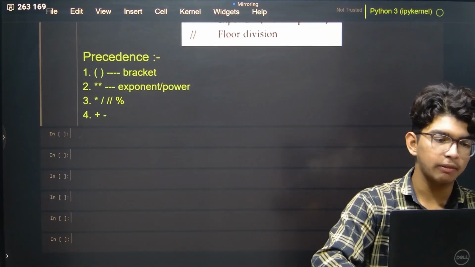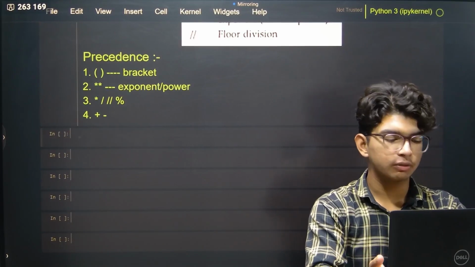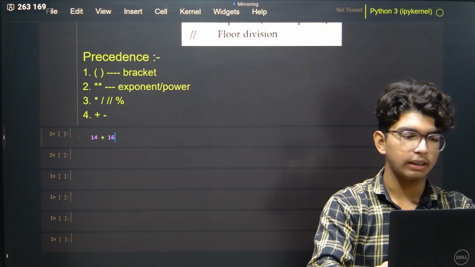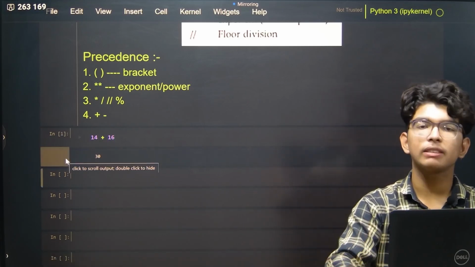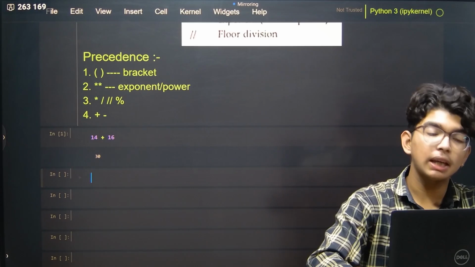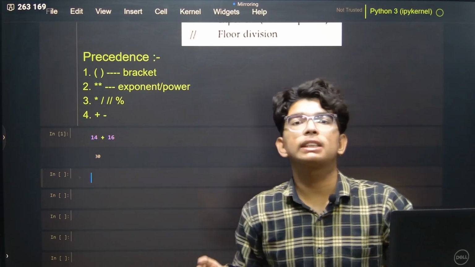First, we simply have addition. We can just do 14 plus 16. When I run this, I will get the answer as 30. Easy, right? Then we can also do the same with strings.